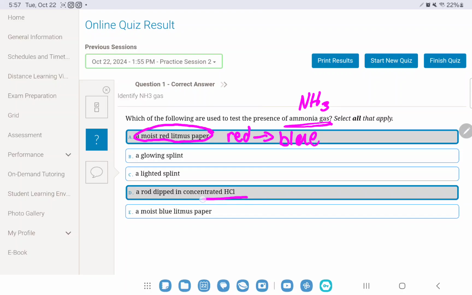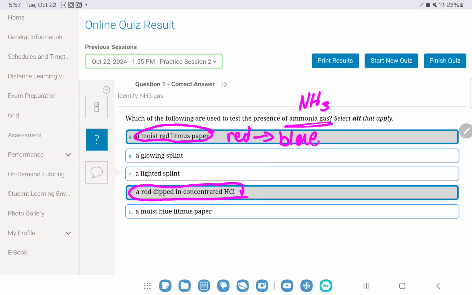And a rod dipped in concentrated HCl. Now this one, if I'm being honest, I didn't really find it mentioned anywhere, but it is 1 point, and I'm trying to look for it here. I cannot see it. No wait, that's nitrate.